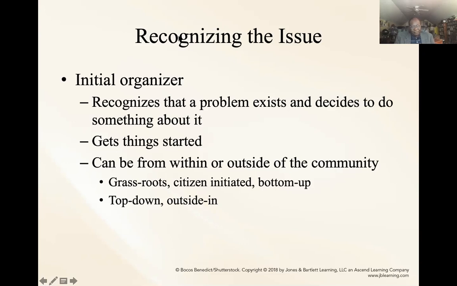So it can be from within or outside of the community. You go to the grassroots. People within that community, people who know, who are aware of the problem, or who are experiencing the challenges. Go to them. Let it be citizen initiated.